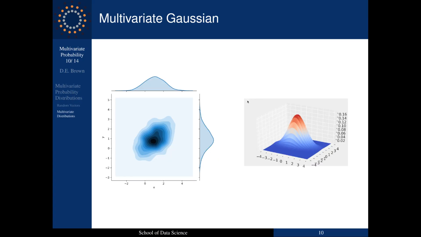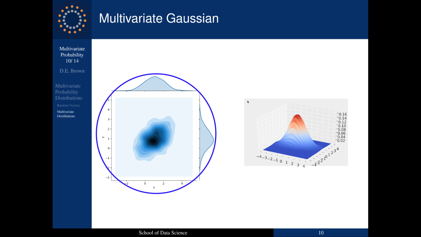The shape of the multivariate Gaussian looks like a little bell-shaped curve in multiple dimensions. And as you slice through that plot, you can see that it's Gaussian in a univariate sense.